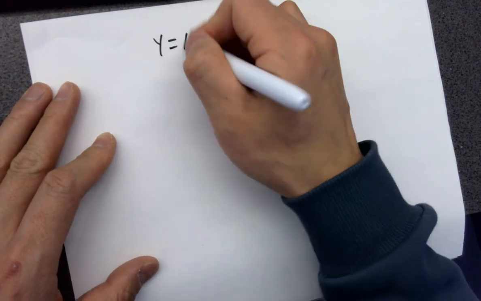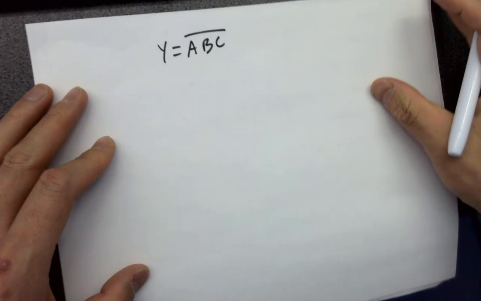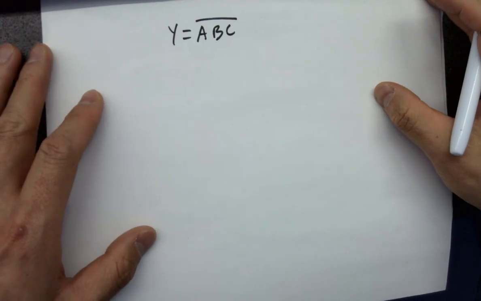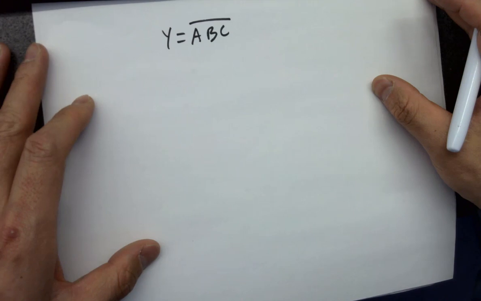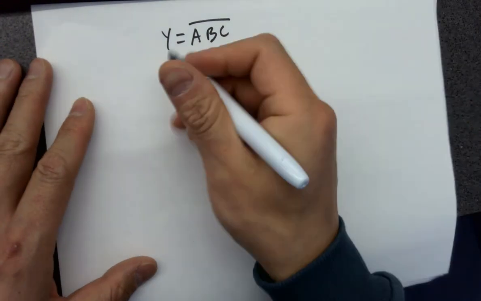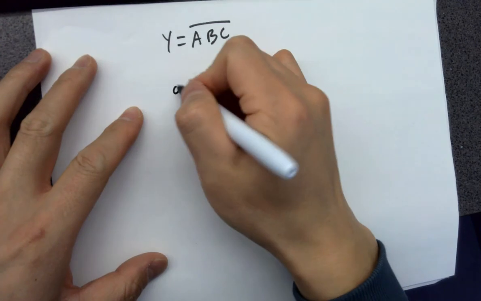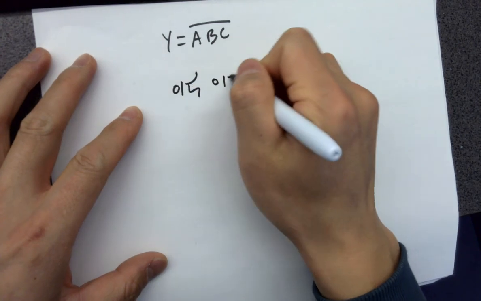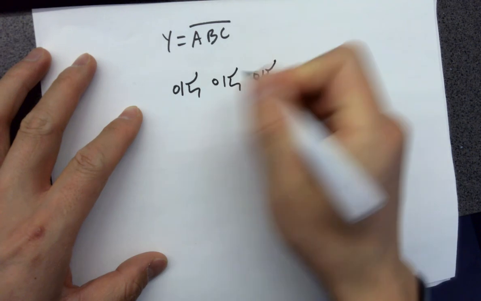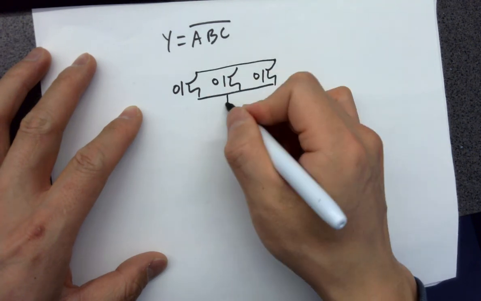Let's look at the simple one. A, B, C naught. According to the conclusion, PMOSes on the top are in parallel, and NMOSes at the bottom are in series.